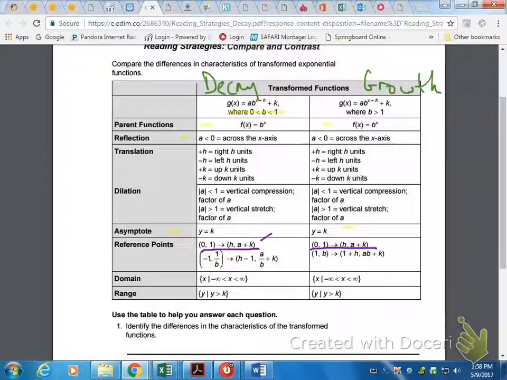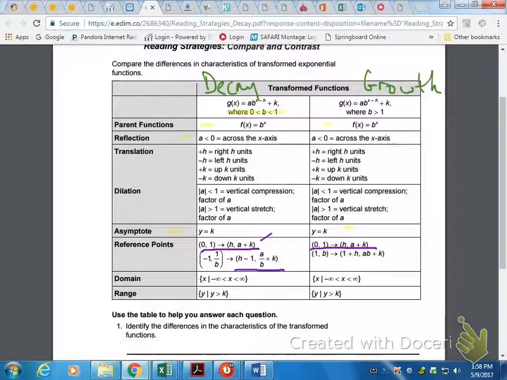Our second reference point for the decay is an H minus 1 and an A divided by B plus K. Is that one the same? No. Instead of adding the 1, we are now doing what? Subtracting the 1. And instead of multiplying the A times the B and adding it to K, now we're dividing the A and B before we're adding it to the K.